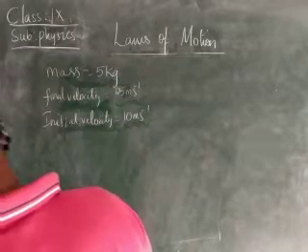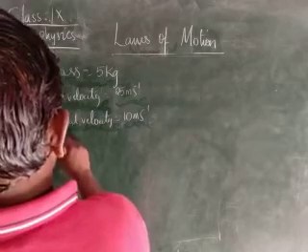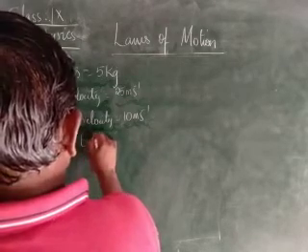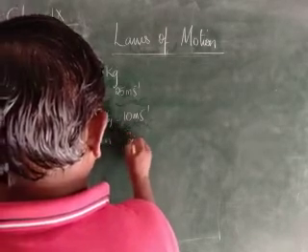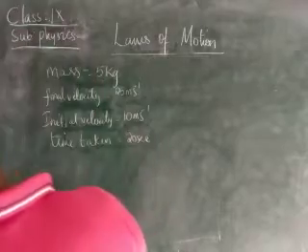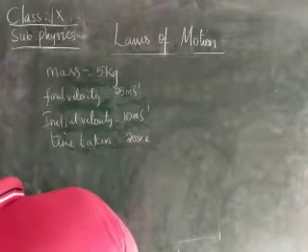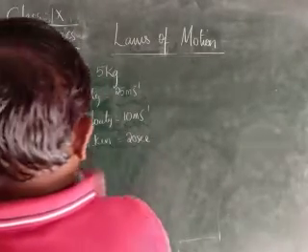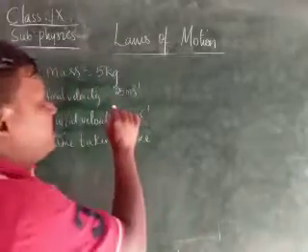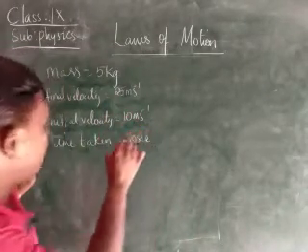And here the time taken is 20 seconds, children. What is the time taken? 20 seconds. Therefore, from this, what we can find here, we got V, U, and time.